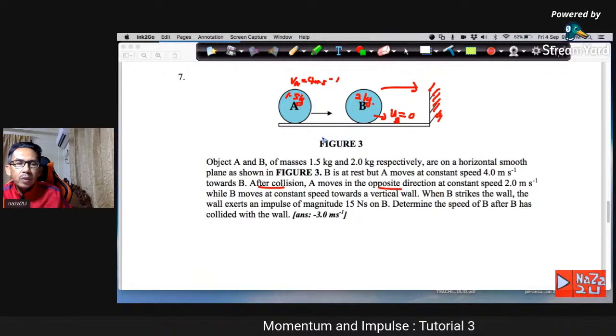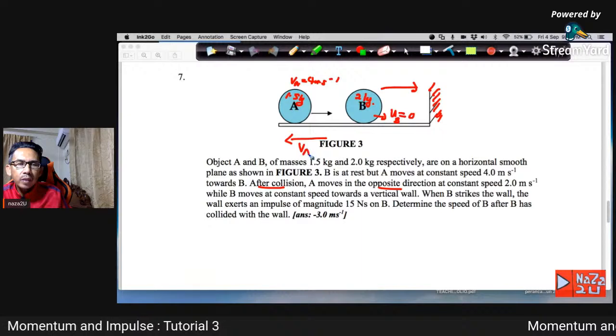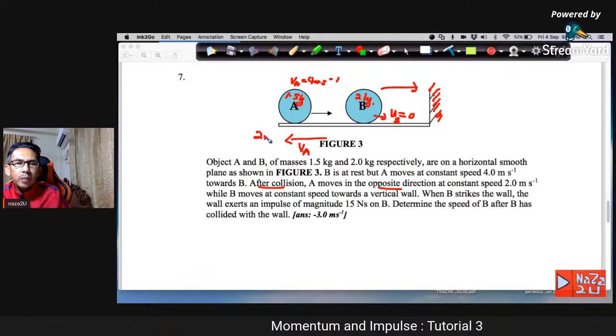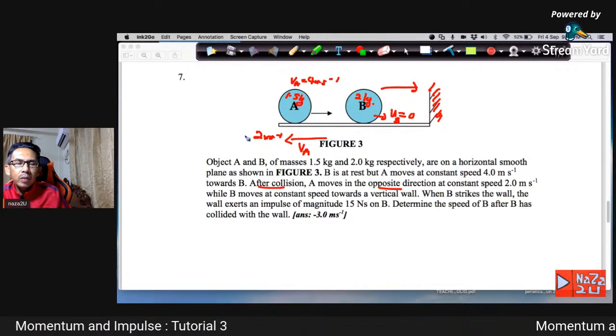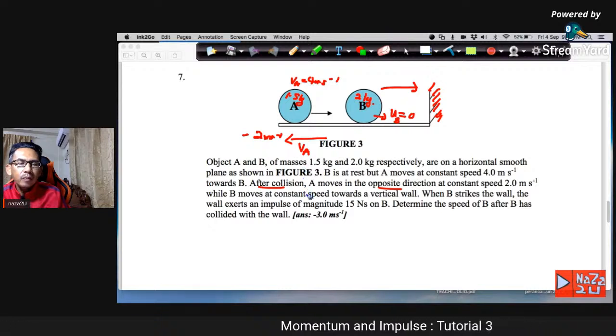After collision, the final velocity of A, VA, is 2 meters per second, but in the opposite direction. Make sure you use a negative sign here because the direction is to the left.